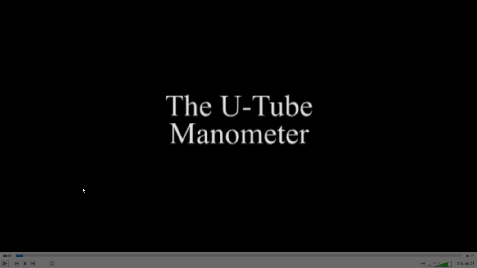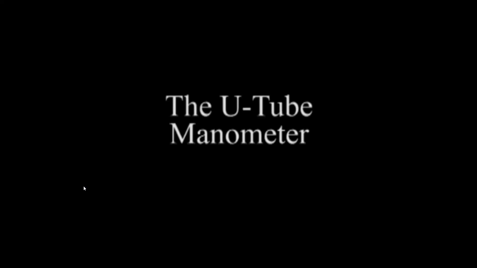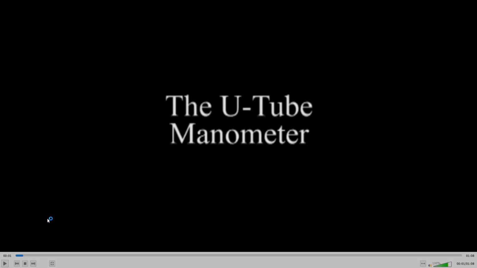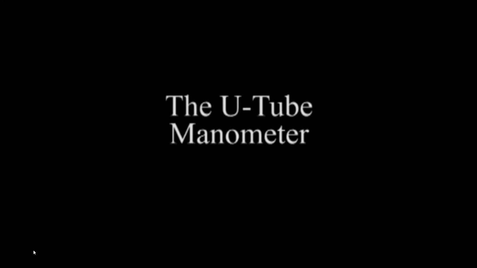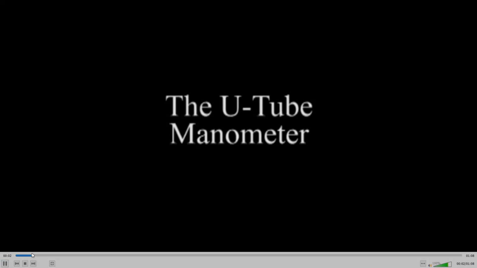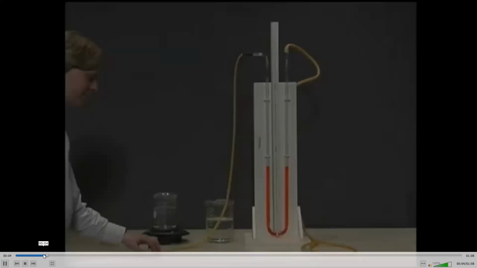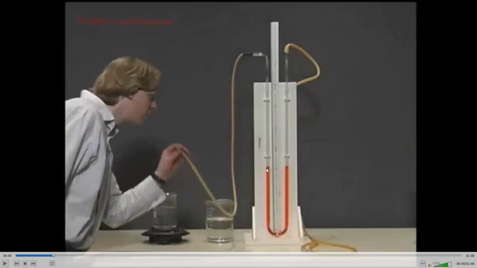In this demonstration, we are not measuring the pressure in the pipeline. Just see how the manometric fluid rises in the right limb. Here you can see this red portion is the manometric fluid. This is the left limb.